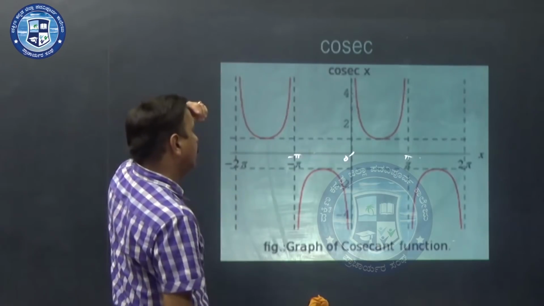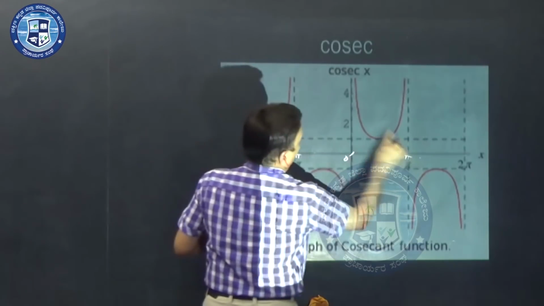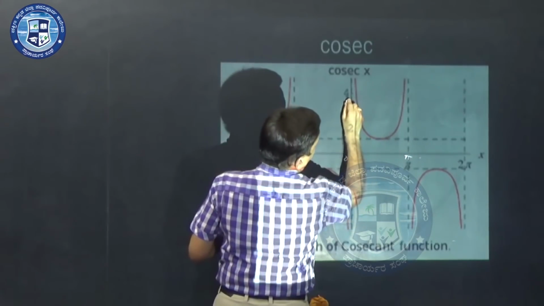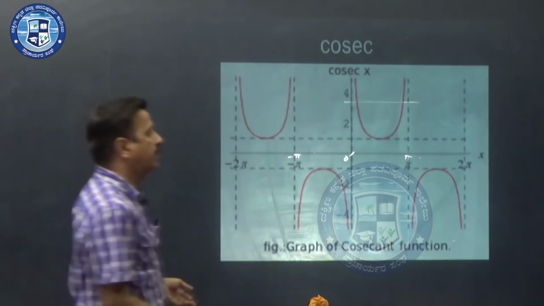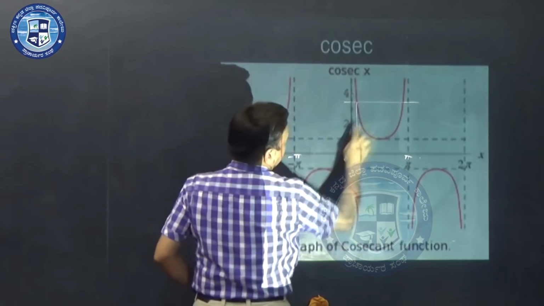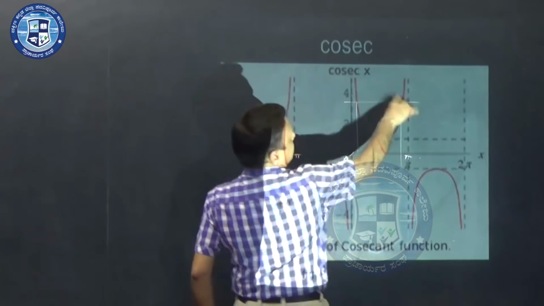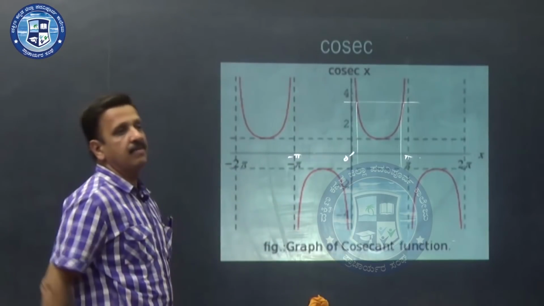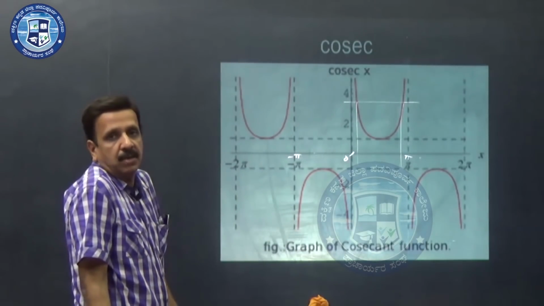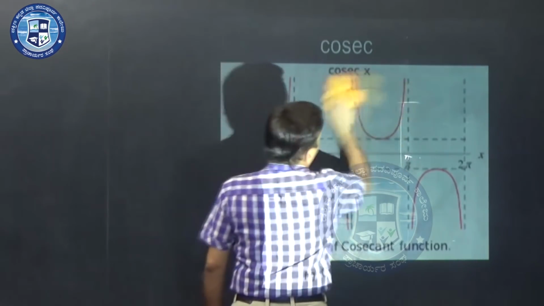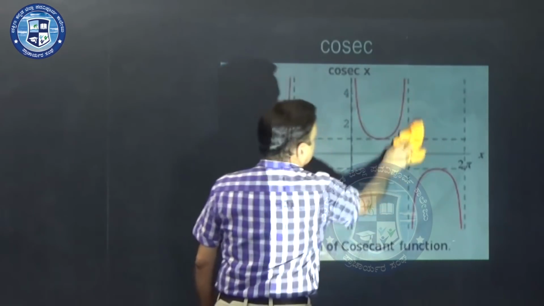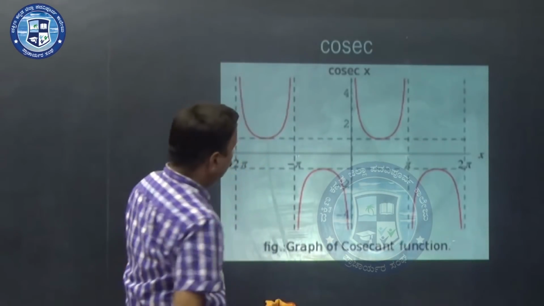If you consider between 0 and pi and draw a horizontal line, it will cut the curve at 2 points. It cannot happen. For this value of x, y is something, and for this value of x also y is the same, which means there is a convergence. It cannot be bijective.